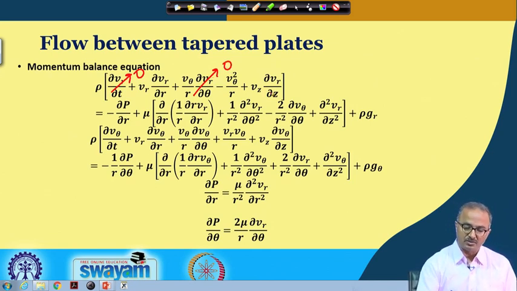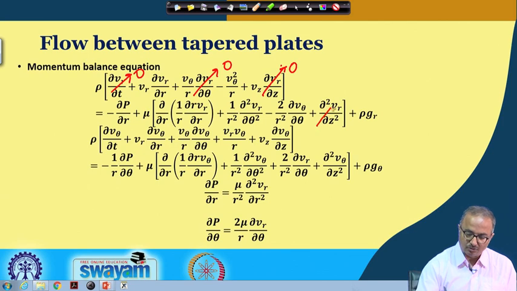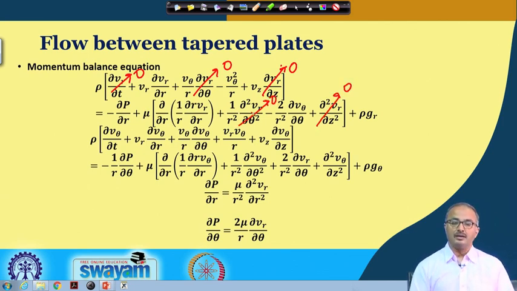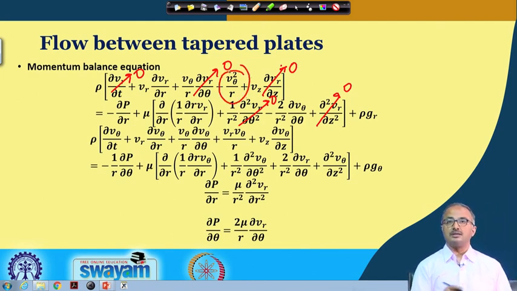This is also going to 0 because there is no variation with respect to z, and then this is also going to 0 in similar fashion. This is also going to 0, and here we have this particular term. In the problem the v theta term is 0, meaning there is no rotation.